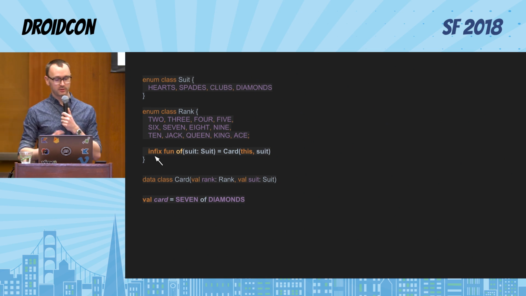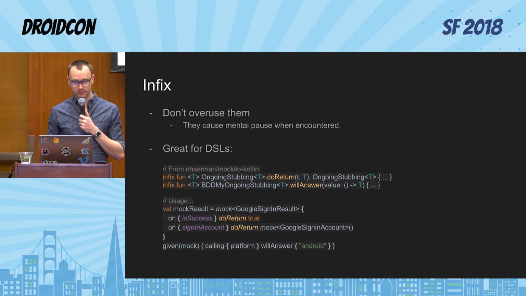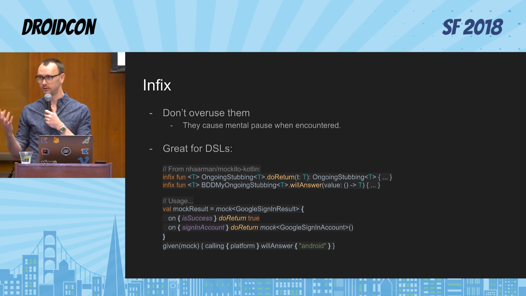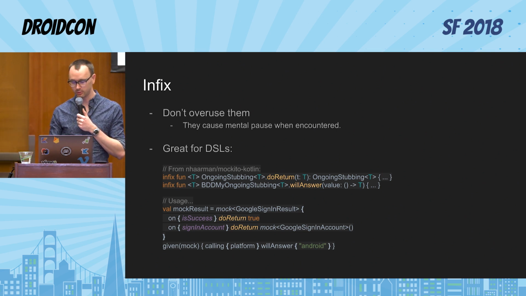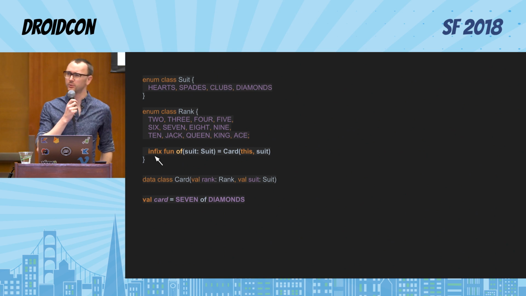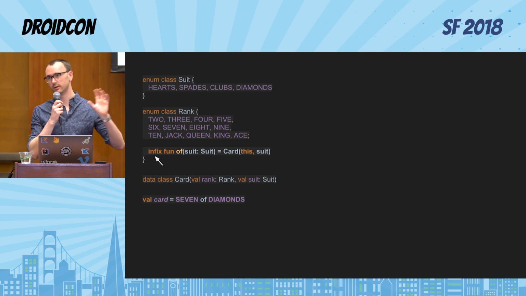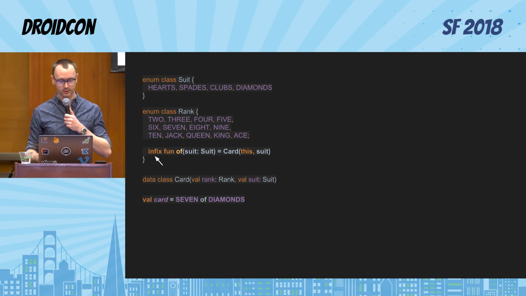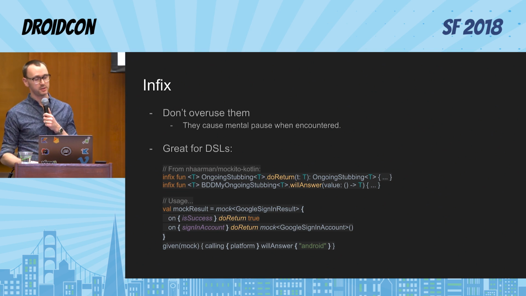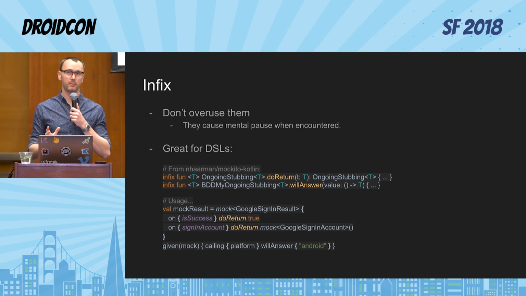My rule that I suggest around using infix functions is don't overuse them. Simply because they cause sort of mental developer pause when you encounter them in code. If you came across this 7 of diamonds in code, you might be like, oh, what is of? Because it sort of looks like a keyword when it's an infix function. So use them sparingly. The best place to use them is if the person writing code knows they're within some sort of DSL context.